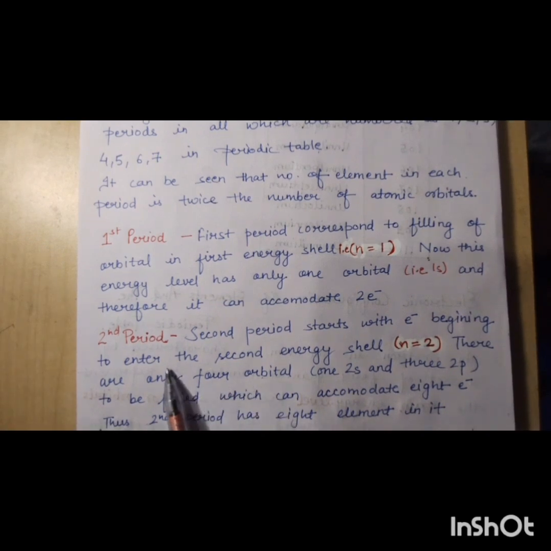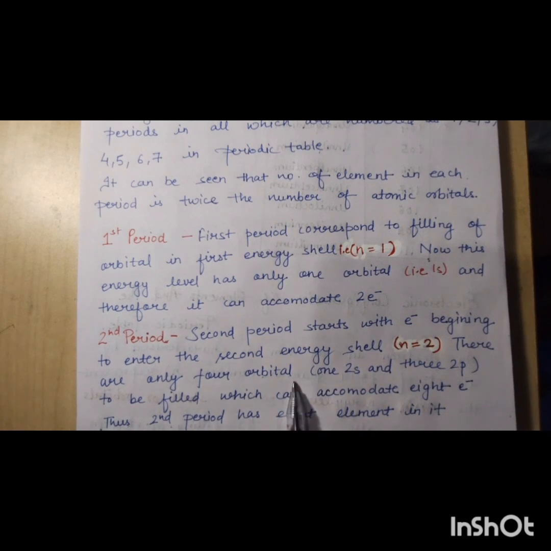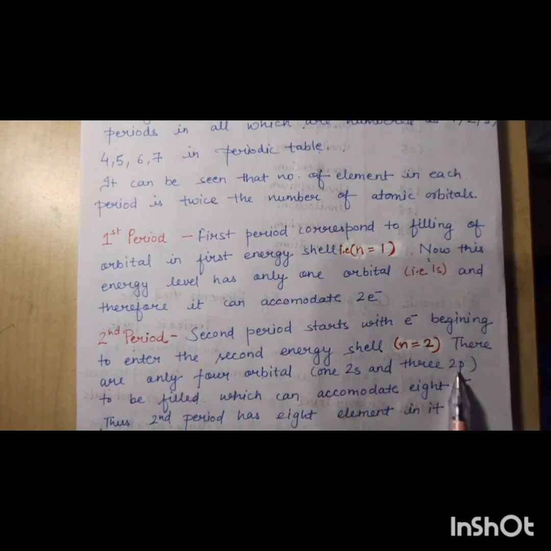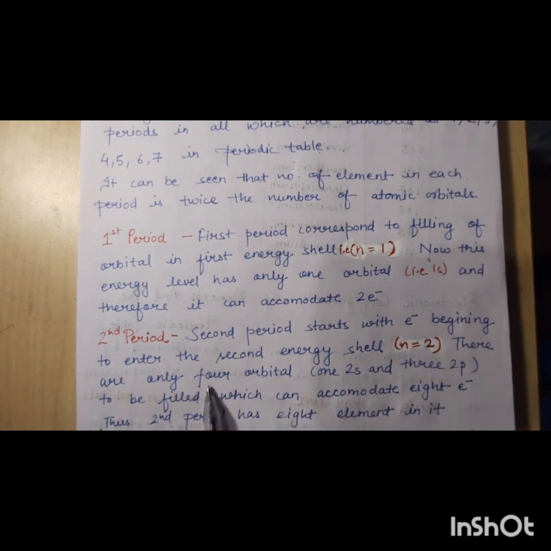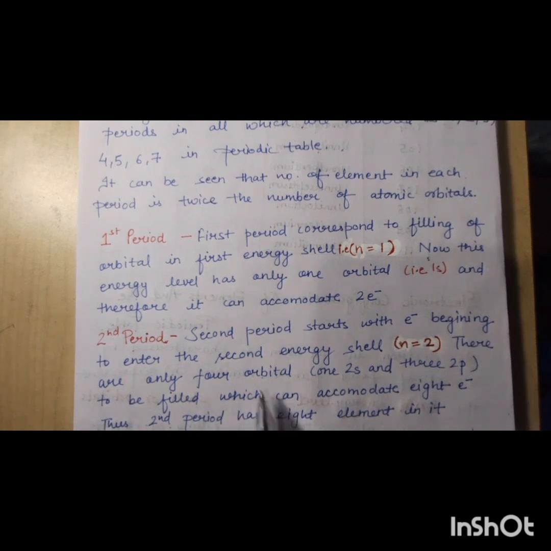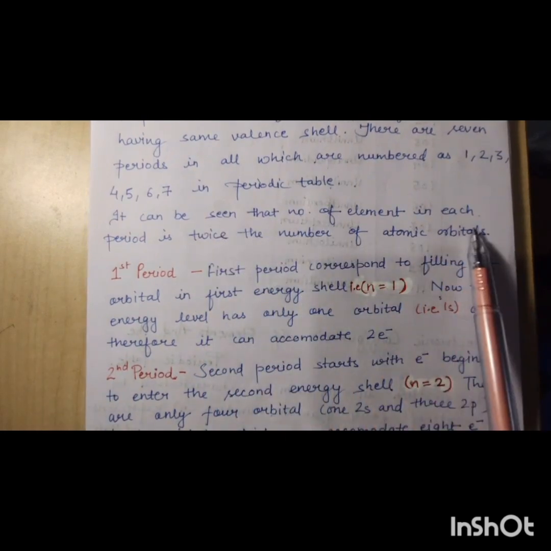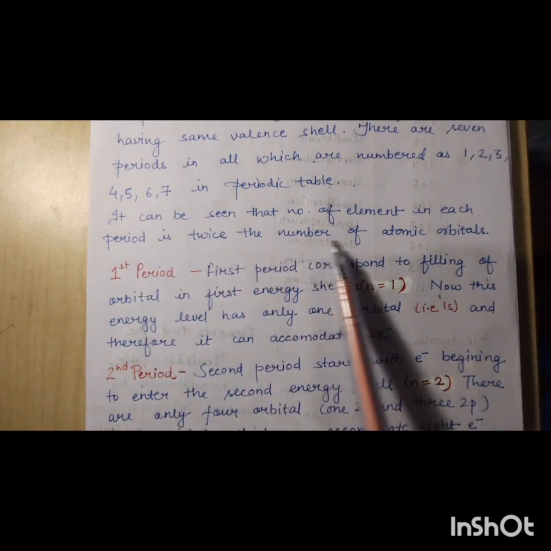Similarly in the second period, the energy level is n is equal to 2, and it has 4 orbitals, 1 2s and 3 2p orbitals, and the number of electrons or elements that can be accommodated is 8, that is twice the number of atomic orbitals. So in this way we can justify the statement that the number of elements in each period is twice the number of atomic orbitals.